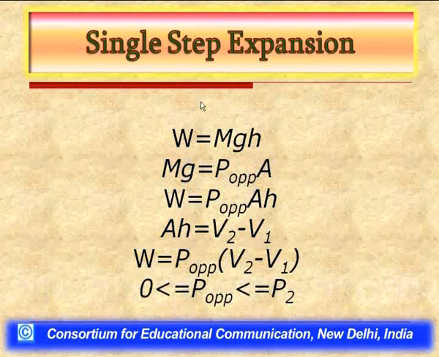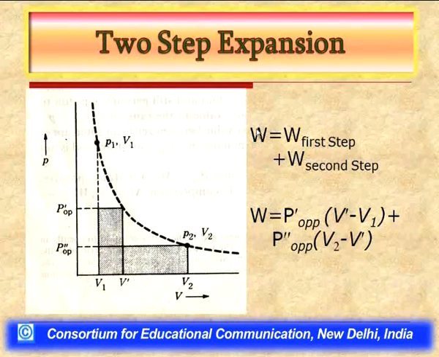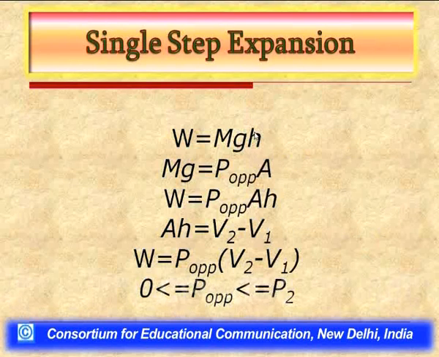Because work is what? Work is mass into acceleration due to gravity times the height h, the height to which the piston will get raised and will raise the mass object m. And this force mg equals the opposing pressure into A, the area of cross section of the piston.